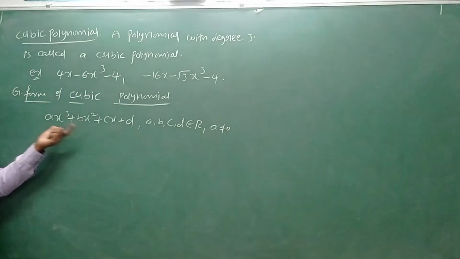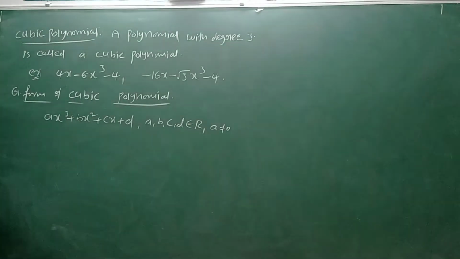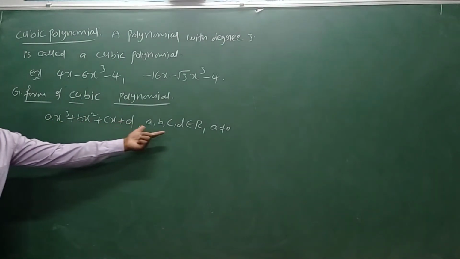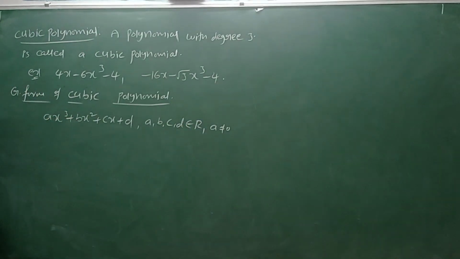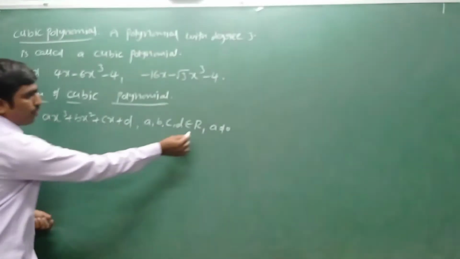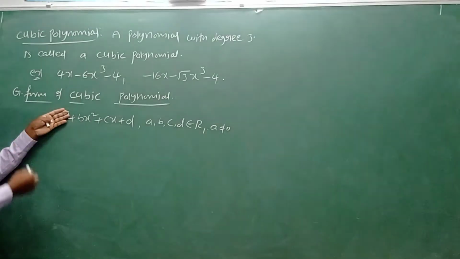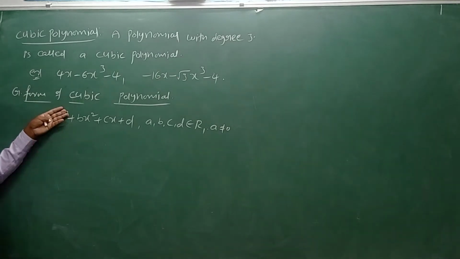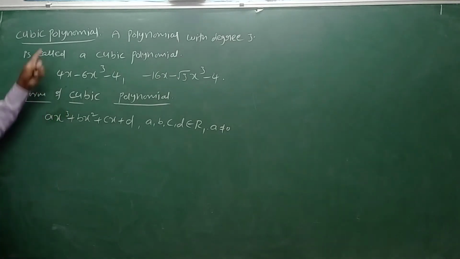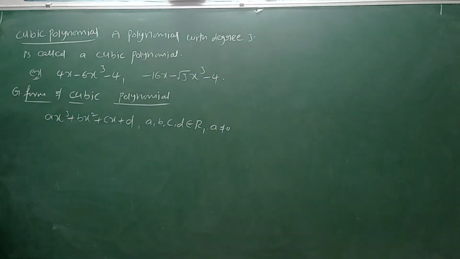It is a cubic polynomial in variable x. a, b, c, d are constants, and the value of a is other than 0. If a is equal to 0, then it becomes a quadratic polynomial. To get a cubic polynomial, make sure that a is not equal to 0.